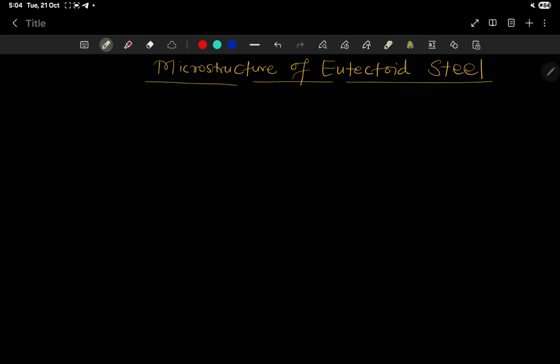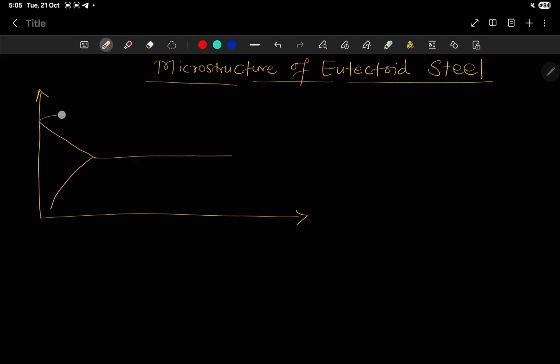so that I can control the properties in steel. Okay, so now let's try to recapitulate how the eutectoid point looks like. This is temperature in degrees Celsius. This is weight percentage of carbon, right?